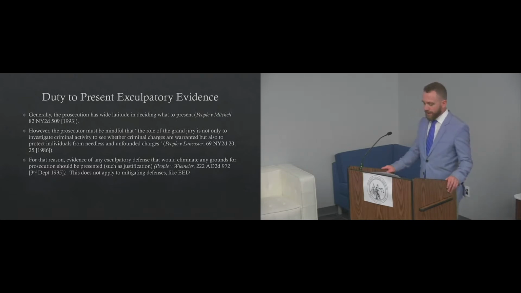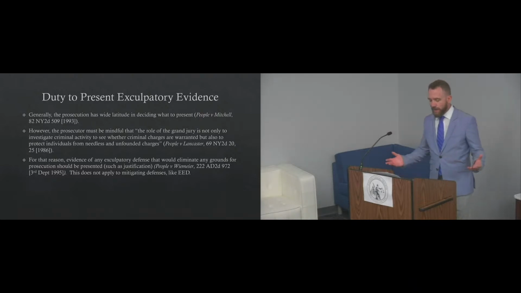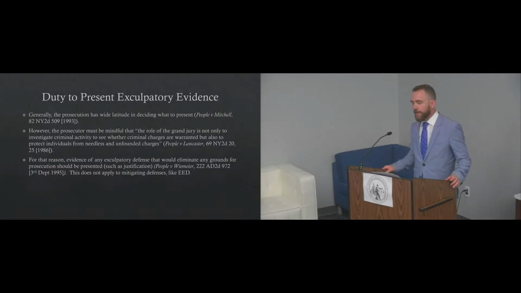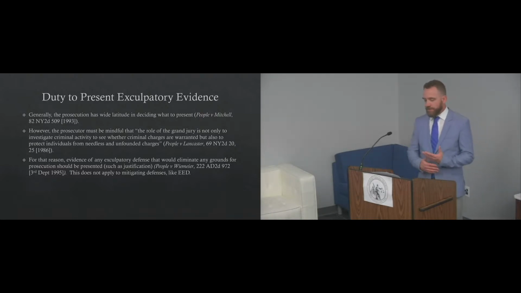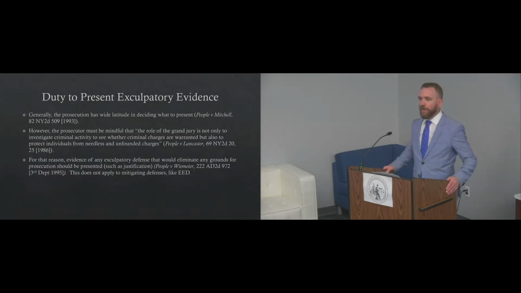Now, if it's a mitigating defense like extreme emotional disturbance, so let's say you have a murder case, a guy killed his wife, and there's evidence that he had just found on her phone text messages between someone she was having an affair with, the prosecution wouldn't have to present that to the grand jury because it's not a complete defense. It wouldn't absolve him of any criminal liability.